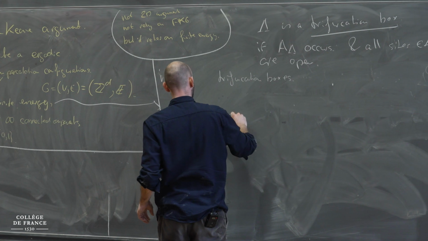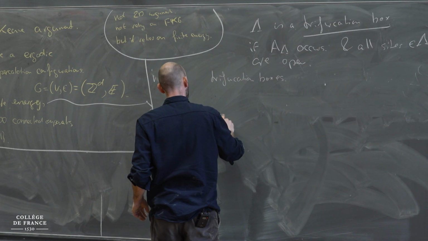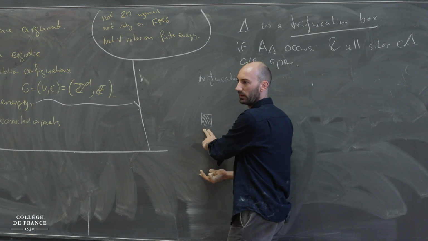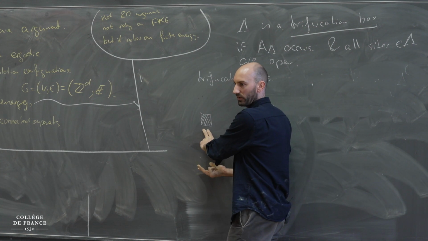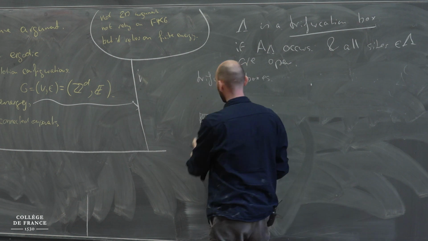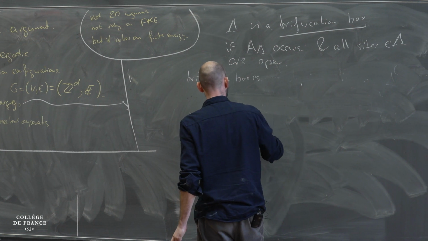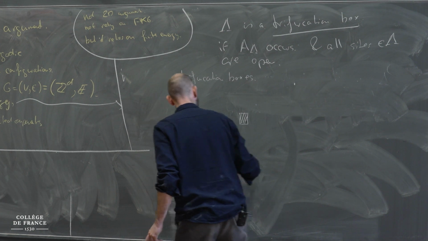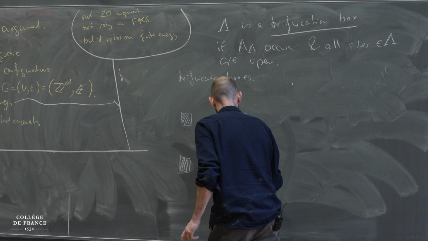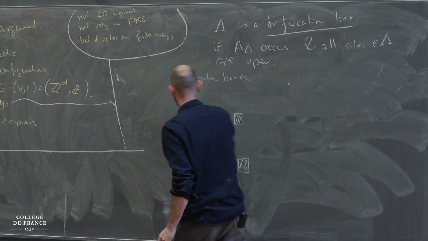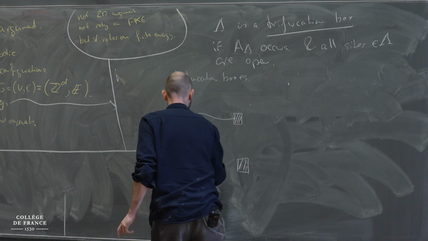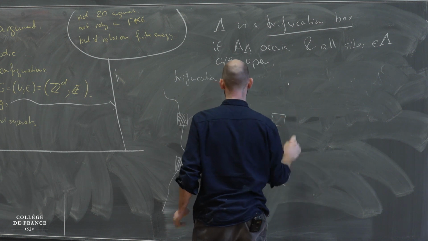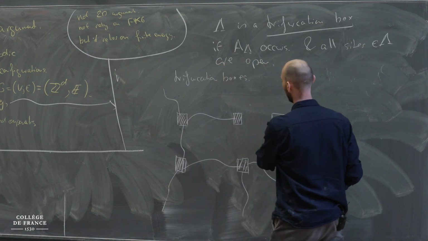But what does this mean? I mean, it means we have the shift invariance. So if we know that it happens with a positive probability, and we have the shift invariance, we also know that they happen with a positive density. Okay, of course not all of them will occur, right? So maybe here we have a bad one, that's not a trifurcation box.